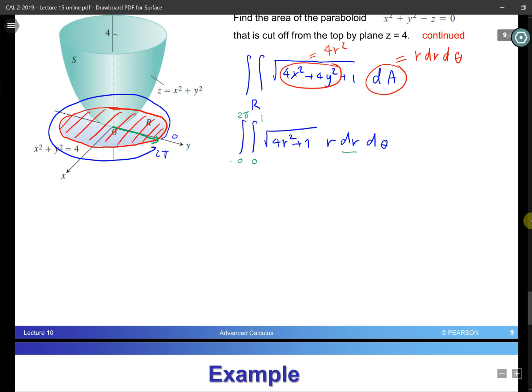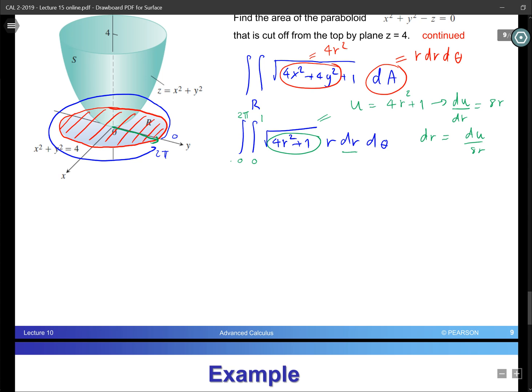That is the substitution. So I'm going to make this equal to u. u equal to 4r squared plus 1, right? Which means that du by dr equal to 8r, and dr is going to be equal to du divided by 8r.